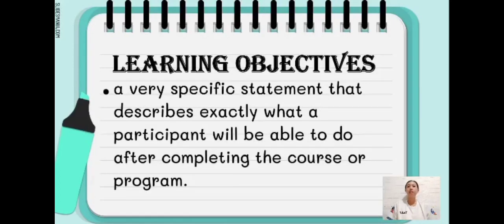Next is the learning objectives. So a learning objective is a very specific statement that describes exactly what a participant will be able to do after completing the course or program. So this refers to a clear and precise description of the specific skills, knowledge, or abilities that a participant is expected to acquire or demonstrate upon successfully finishing an educational course or program.